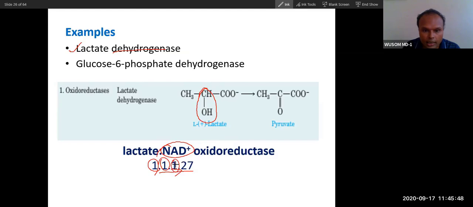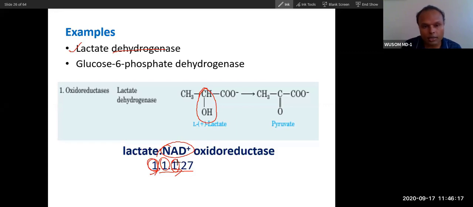So number 1 defines this is an oxidoreductase, and this number represents the donor, alcohol, and this one represents the acceptor. You don't have to go into detail of that. Just remember 1 is oxidoreductase, and these 4 numbers are given to specify that enzyme, the type of reaction. If you go into detail of this classification and memorize all those things, you will easily understand from the number that this particular enzyme does this thing.